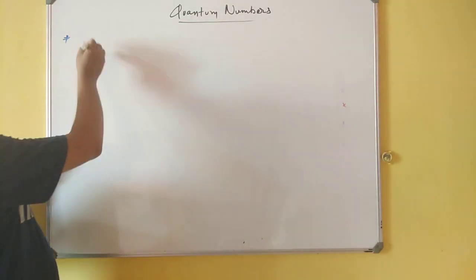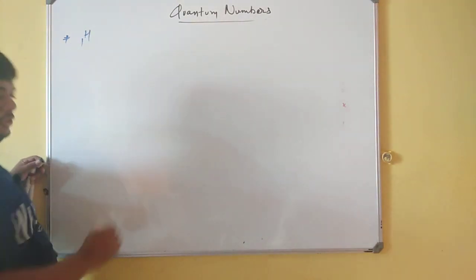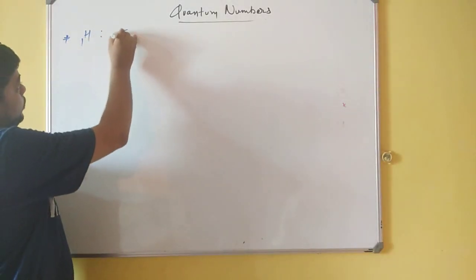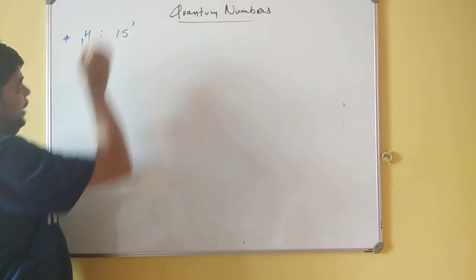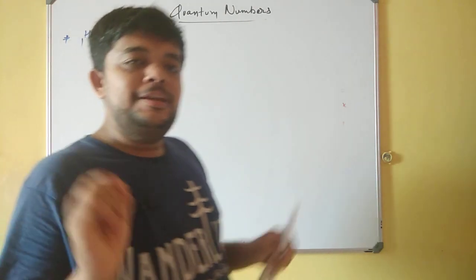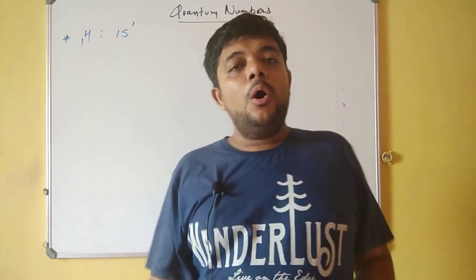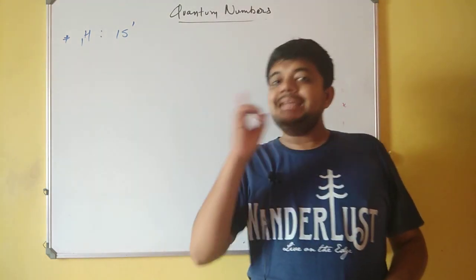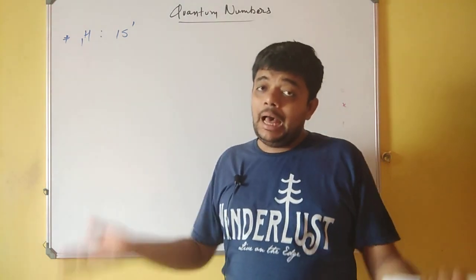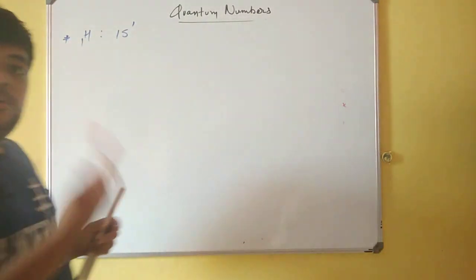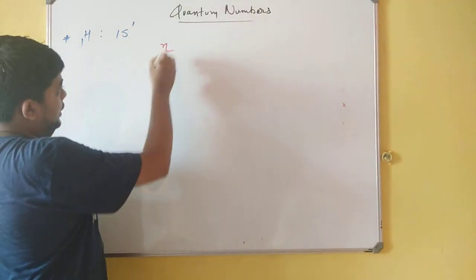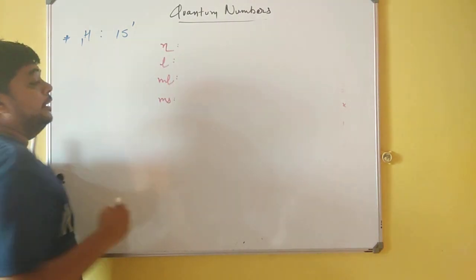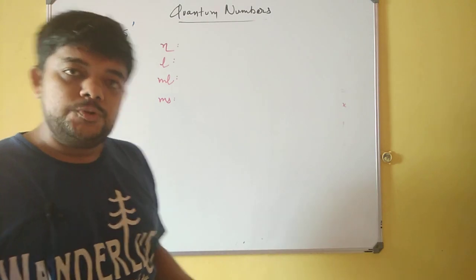I'm just taking the example of hydrogen, 1H, and when I write the electronic configuration of hydrogen, it is 1s1. Now if we are asked to write all four quantum number values of an electron present in a hydrogen atom, how would we write? First of all, we should know that n, l, ml and ms are the required values to be produced.